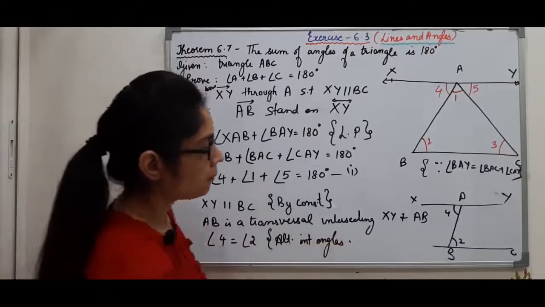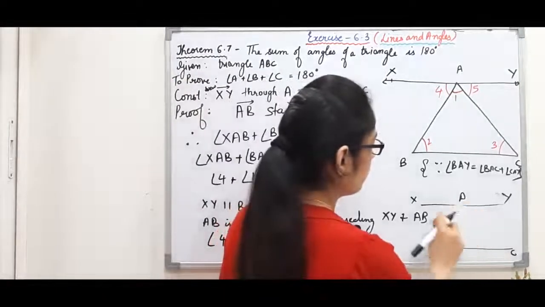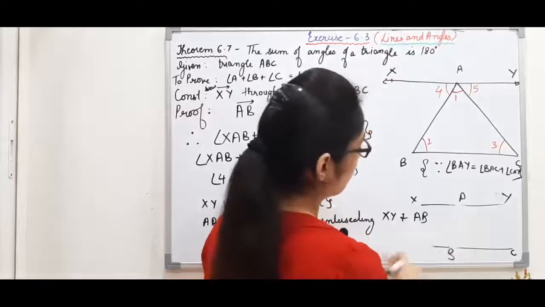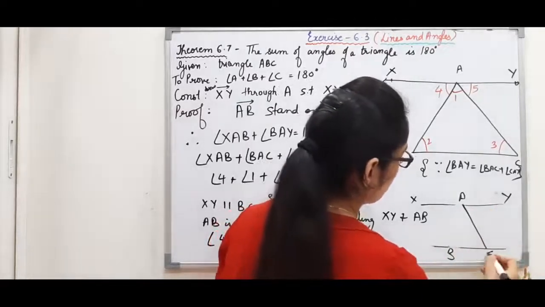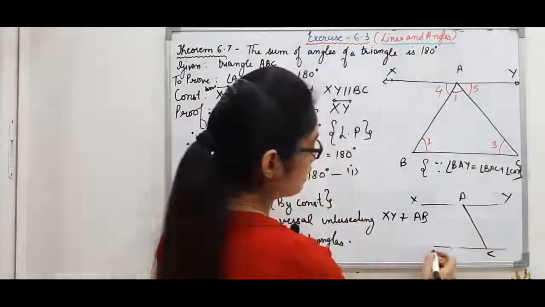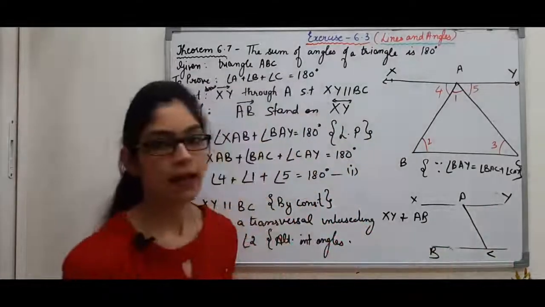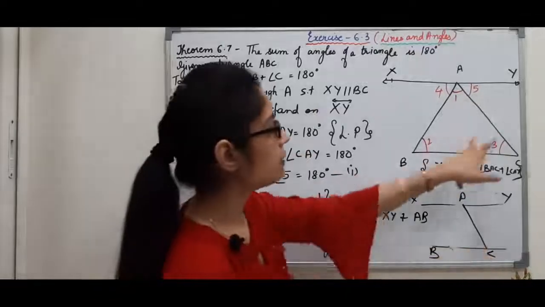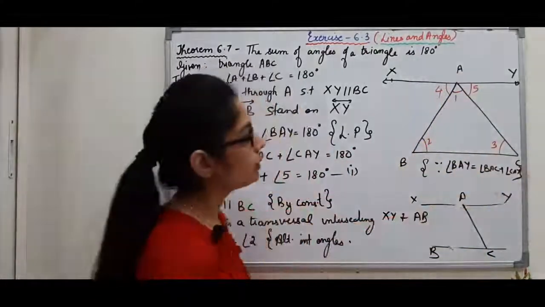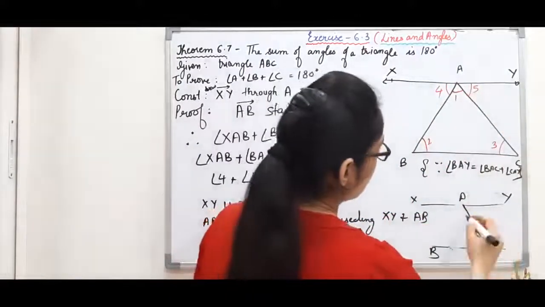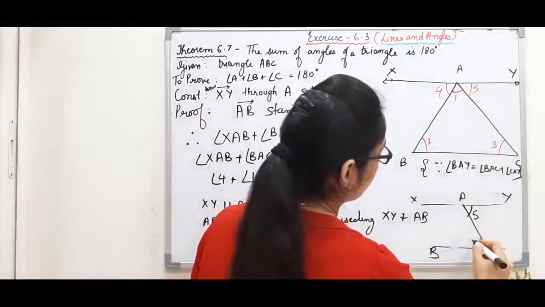Now instead of ray AB, let's take ray AC. Same lines XY and BC we have to take, but instead of AB we are taking AC as a transversal, and with AC we have angle 5 and angle 3.